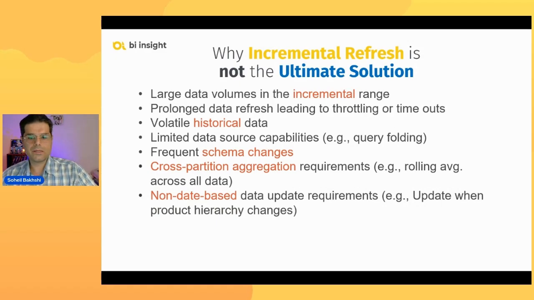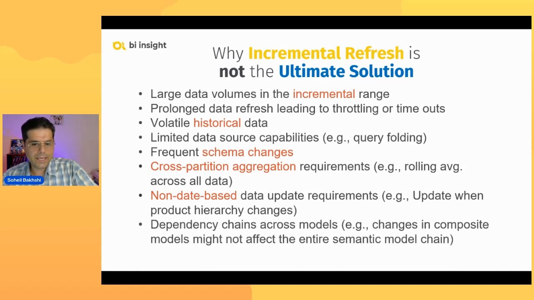Non-date based data update requirements, something like when the update is required on something that is not date or data type, right? Something like a product hierarchy. When a product hierarchy change happens, I want an update to happen.